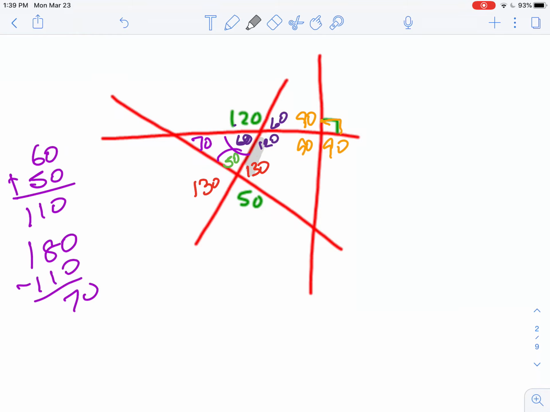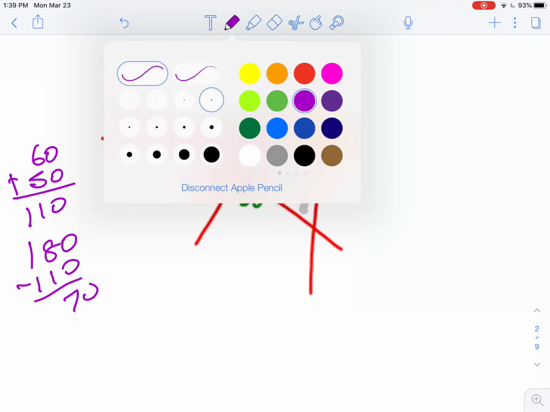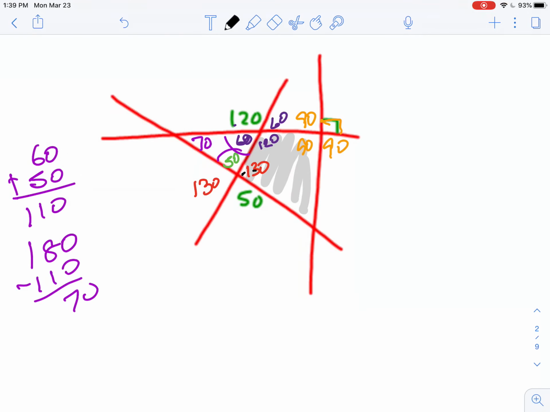Now we go over to, let's do this one. We go over here. Here's our quadrilateral. The quadrilateral gets divided into two triangles, 180 degrees here, 180 degrees here. That means all of our outside angles, all four of those, have to equal 360 degrees.